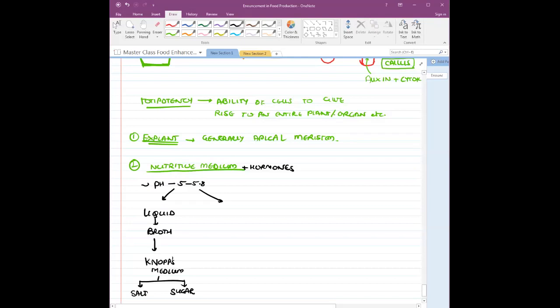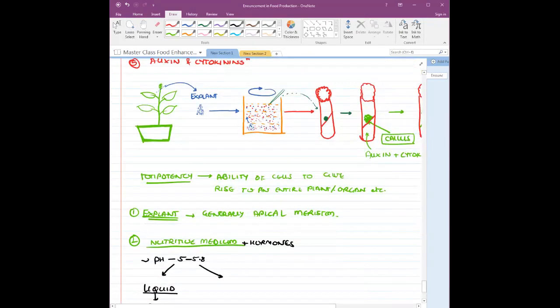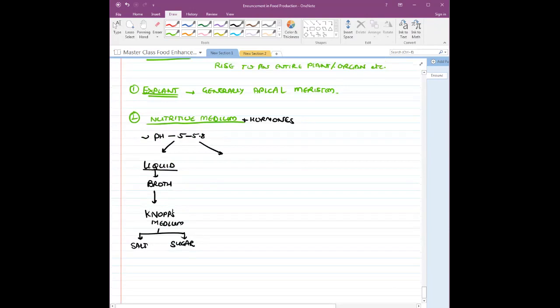But now for the other one, I want this liquid medium to convert into solid, because here it was liquid but there it was all solid. How will I convert this liquid medium into solid medium? We take the liquid medium and add agar, so then it becomes solid.